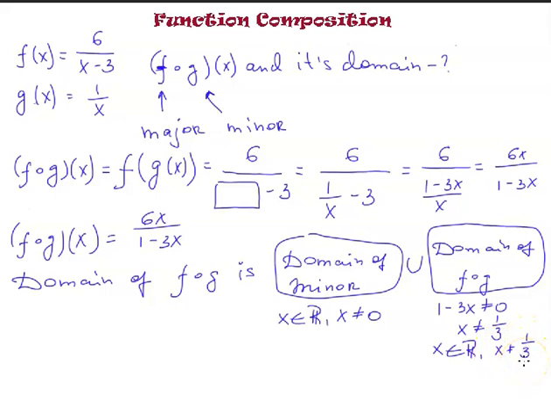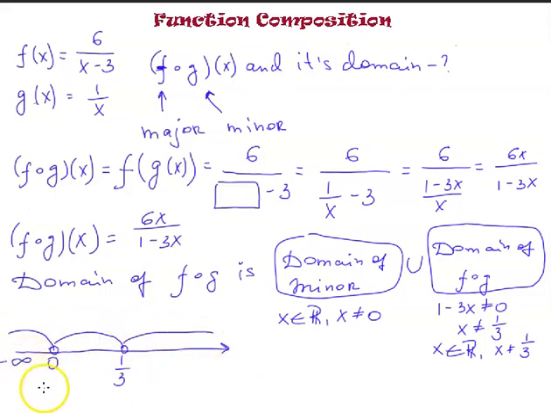So I will use a number line to demonstrate the exclusions. Once again, we have to exclude 0, and then we have to exclude 1/3. So our number line will be divided into 3 segments: from negative infinity to 0, from 0 to 1/3, and from 1/3 to infinity.